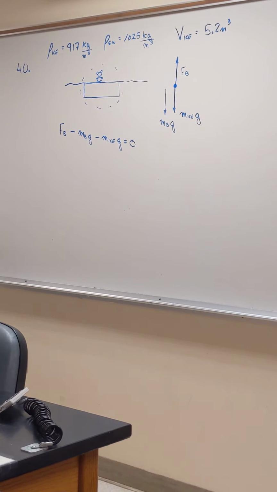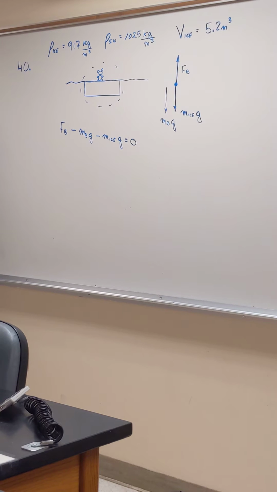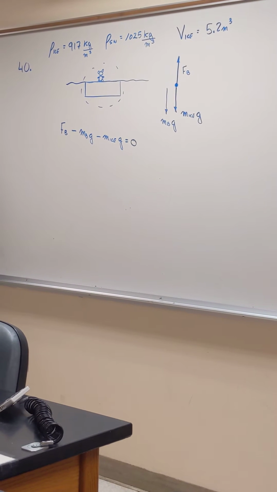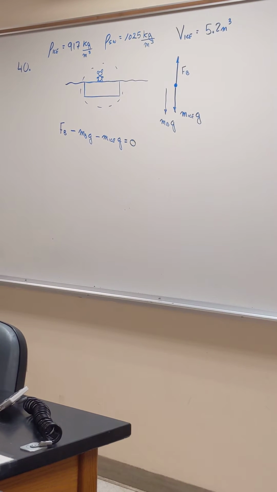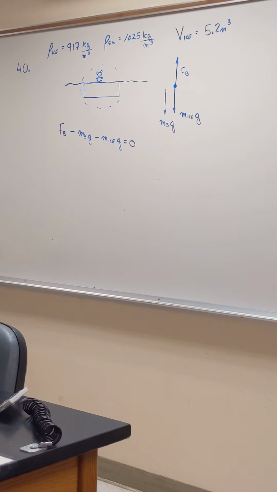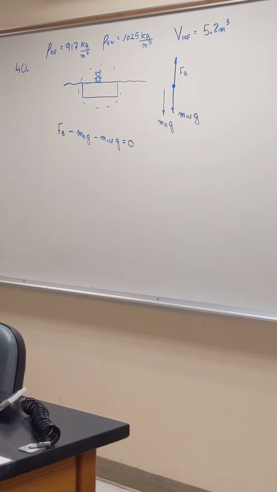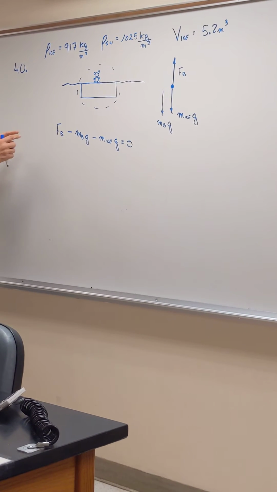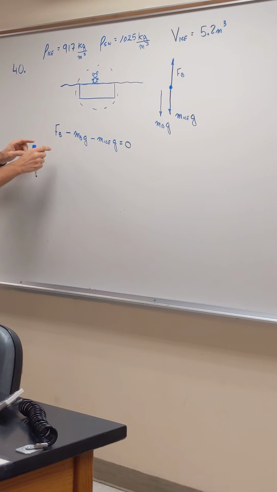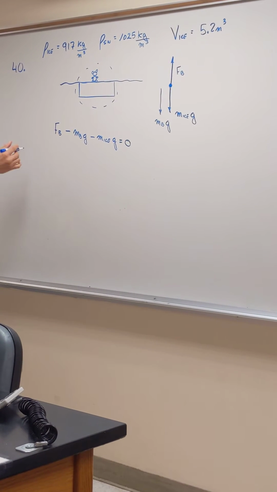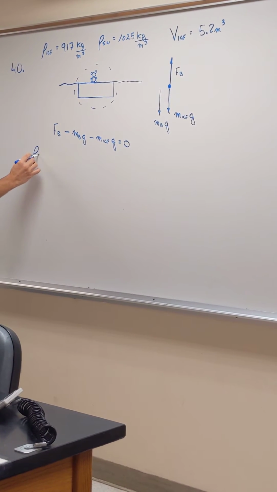Now, this, remember, is the definition of buoyant force. So what fluid are we referring to being pushed aside? Water. What kind of water? Seawater. So if I want to write this force, I need to make sure I get rho of salt water.